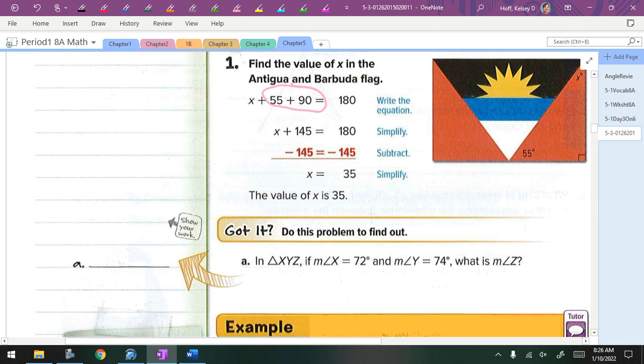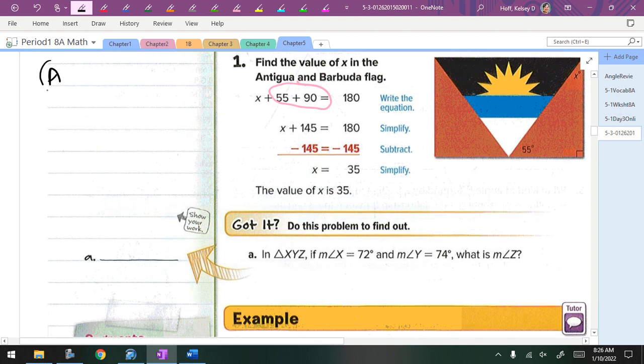Okay, let's do Got It A over here on the left-hand side. In triangle XYZ, X is 72 degrees, Y is 74 degrees. What is angle Z? What are the 3 angle names in this triangle? X, Y, and Z. Our rule says X plus Y plus Z always adds together to equal 180.